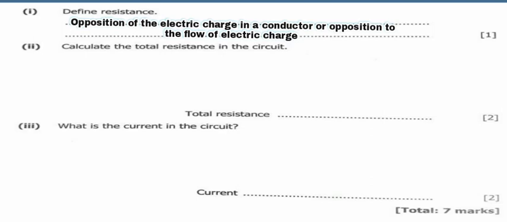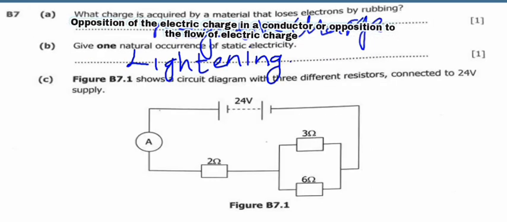Roman number 2. Calculate the total resistance in the circuit. So we have these two connected in parallel and only one connected in series. So we need to find the total resistance of these two connected in parallel and add it with the one resistor connected in series.